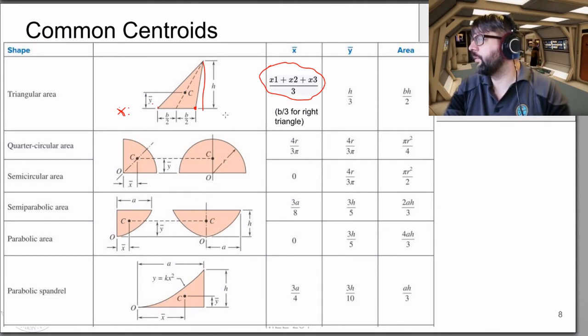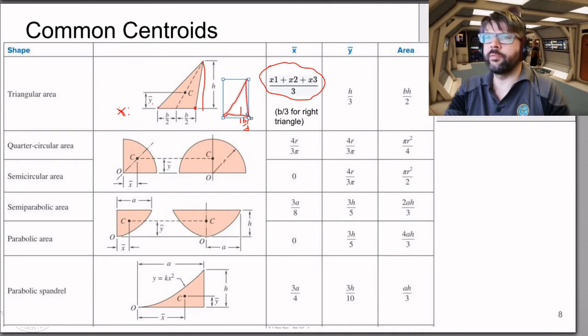So again, if we've got a right triangle, it's just located at 1/3 the distance of the base, because that's us using the 90-degree angle as the 0, and then 0 plus 0 plus b for our base divided by 3 gets us b over 3.